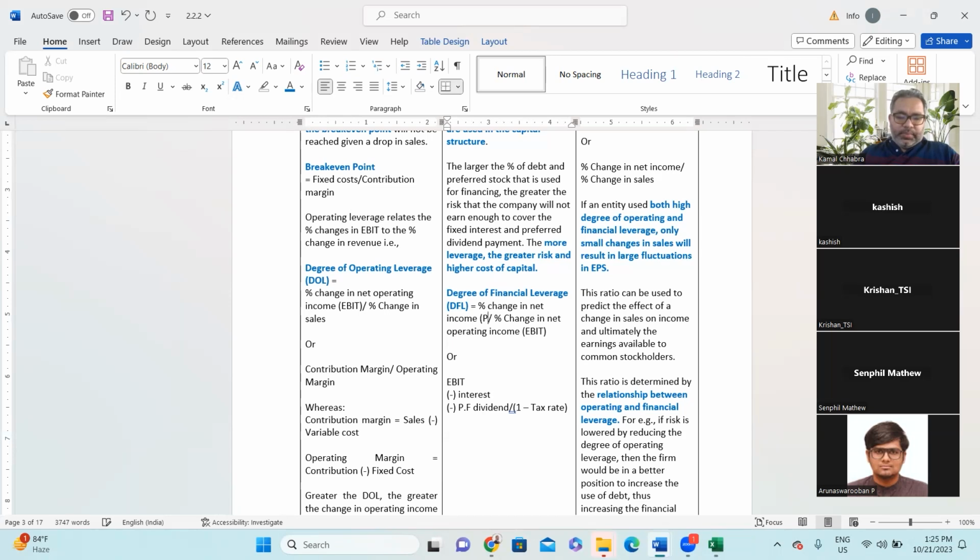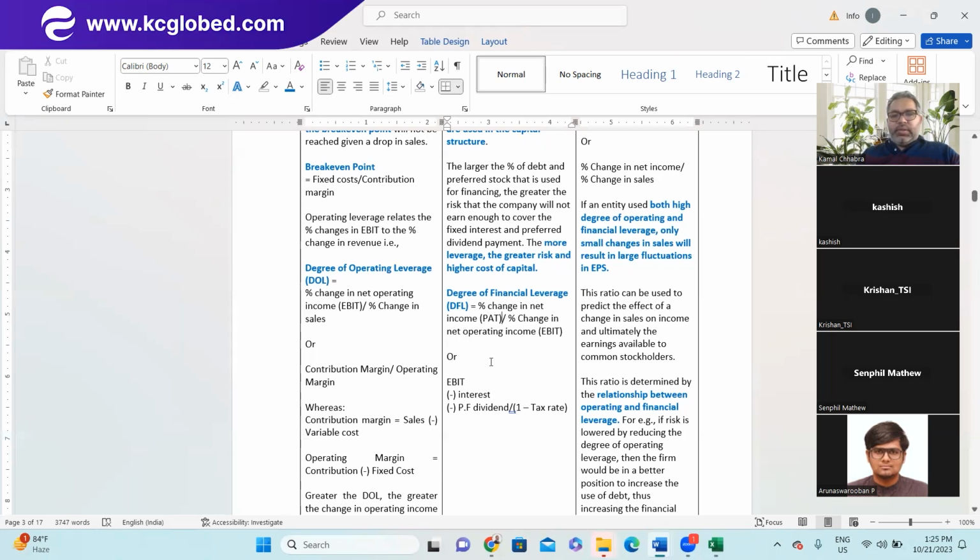Or otherwise, EBITDA minus interest minus preference dividend, gross of taxes. Change in income, that is profit before tax, divided by change in net operating income, right?